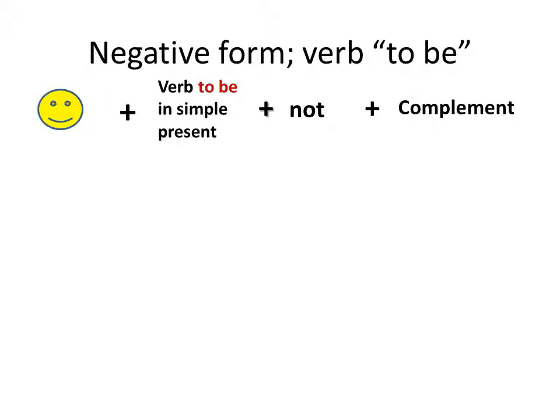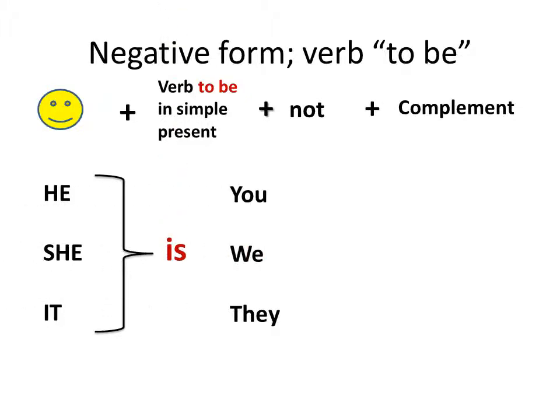Persona, verbo to be en presente simple, más la negación, más el complemento. ¿Cuál es el verbo to be en presente simple? Puede ser is, are, o puede ser am. Remember, he, she, it is, you, we, they are, and I just am.